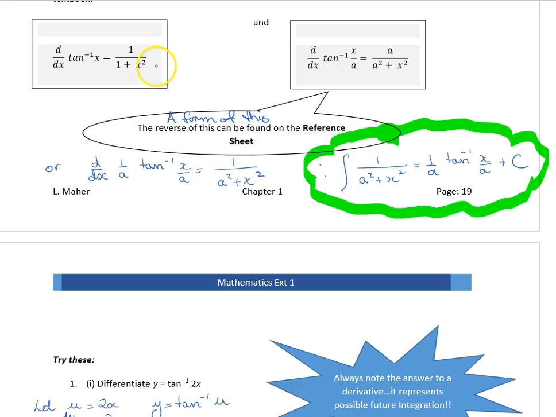Take note of the way that this fraction is different to the sine or cos inverse. With both sine and cos inverse, we had a square root in the denominator. With tan inverse, there's no square root, and there's a plus before the x squared.